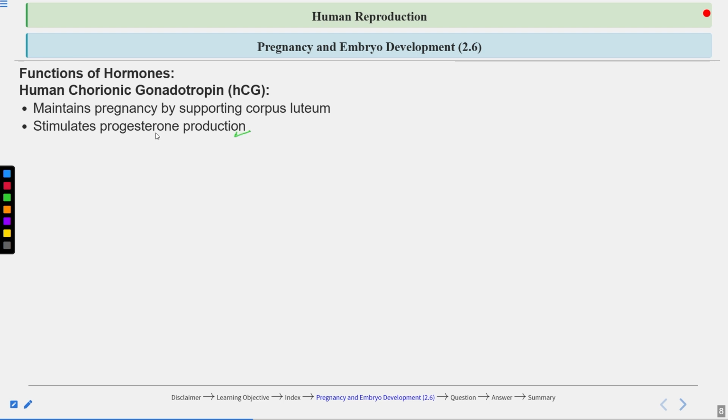Again, progesterone is very important to maintain pregnancy. It is used as a pregnancy indicator in the test, because this is only produced in pregnancy. So this is used as a marker for pregnancy. It supports fetal development.